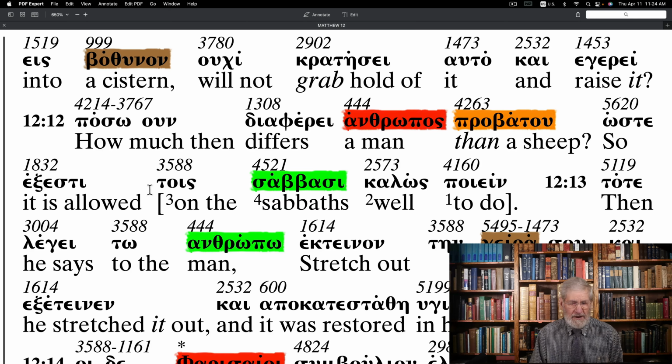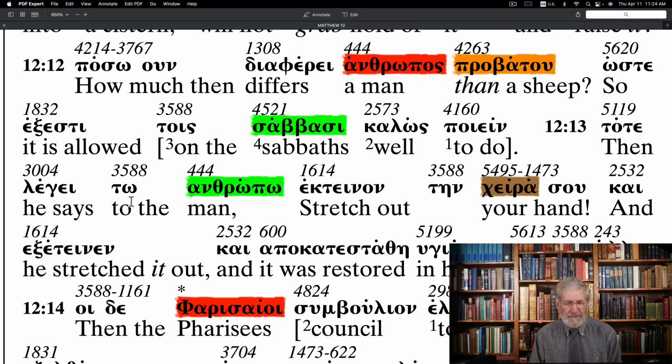Hoste exestin tois sabbasin kalos poiein. So, it is allowed to do well on the Sabbath, and they're in the Sabbaths, and that's in the dative, the indirect object, to or in, on, in verse 13.